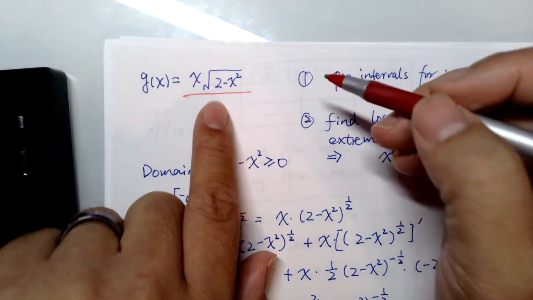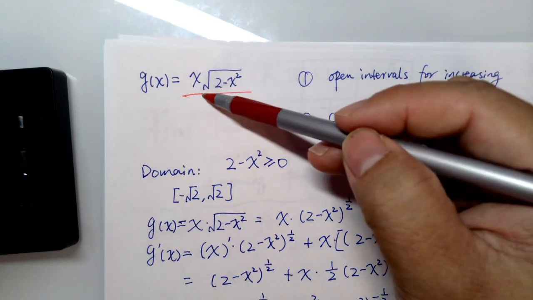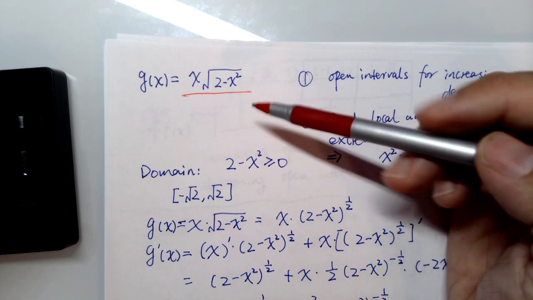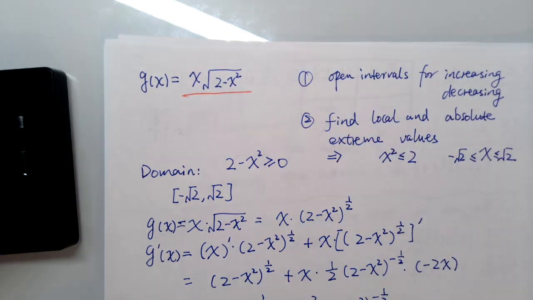So how do we figure that out? The key is the square root. In the real number system, the inside of the square root must be greater than or equal to 0 all the time.